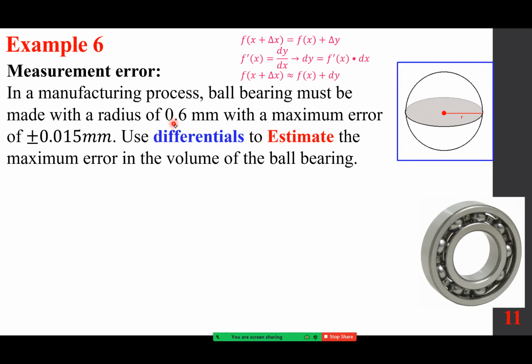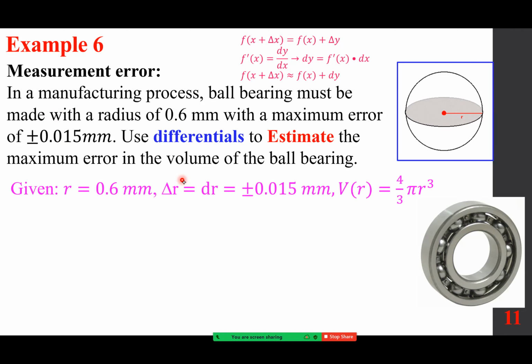Delta R or dr is plus minus 0.015 millimeters. And ultimately, we want to use the differentials to estimate the maximum error in the volume of the ball bearing. That means dV. So we have R equals 0.6 with the proper units. Delta R is plus minus 0.015 millimeters.